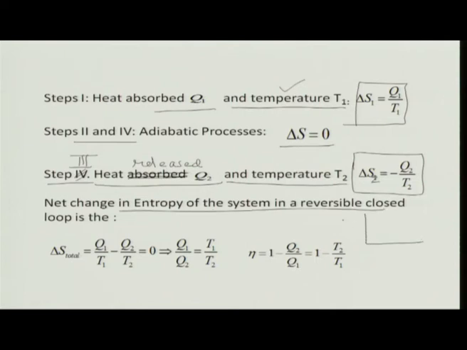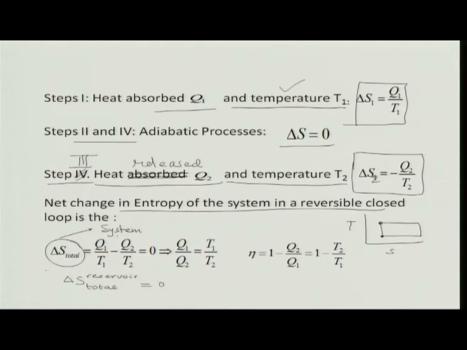But it is a closed loop. So, the TS diagram was giving me a closed loop. I come back to the same position. Okay? So, in the closed loop, net change of the system is 0. Also, the reservoir change is 0, and add them, you will always find the total change of the system plus reservoir is equal to 0.